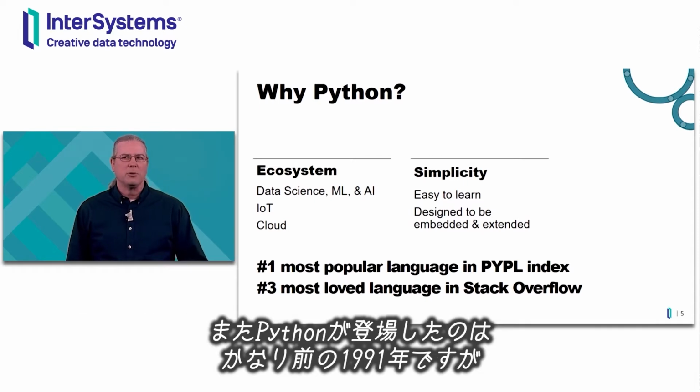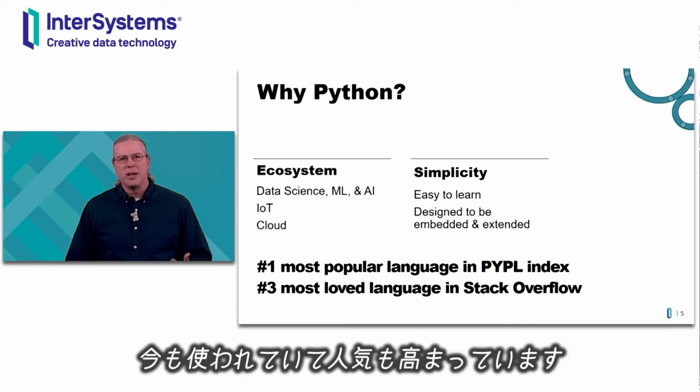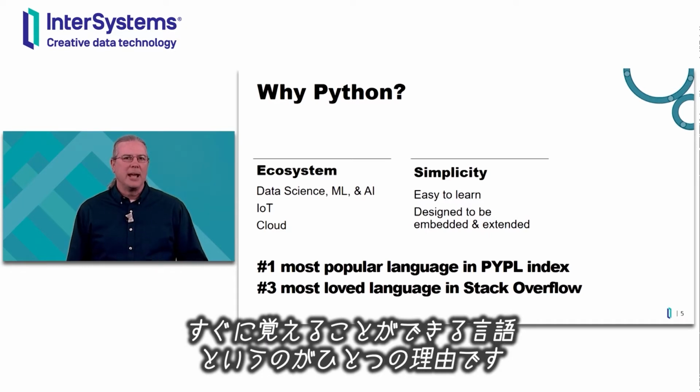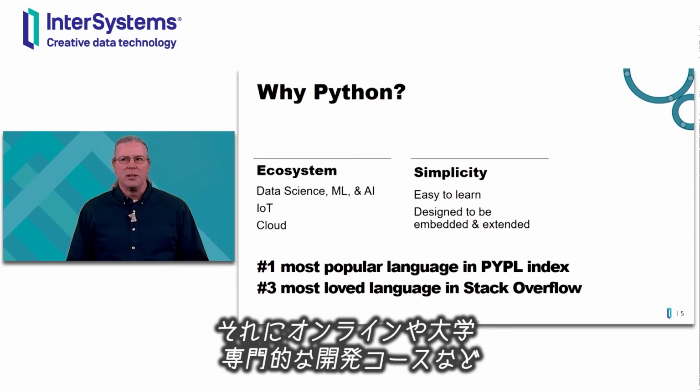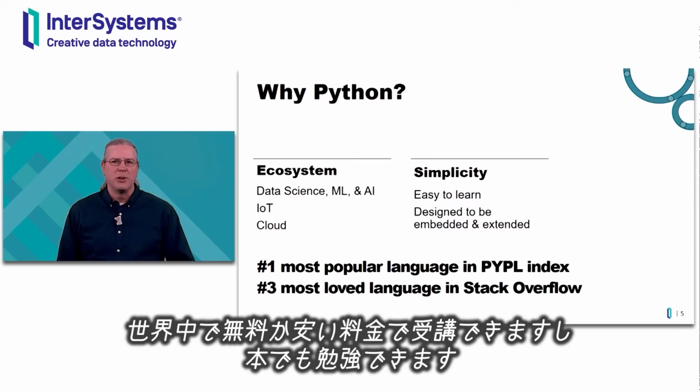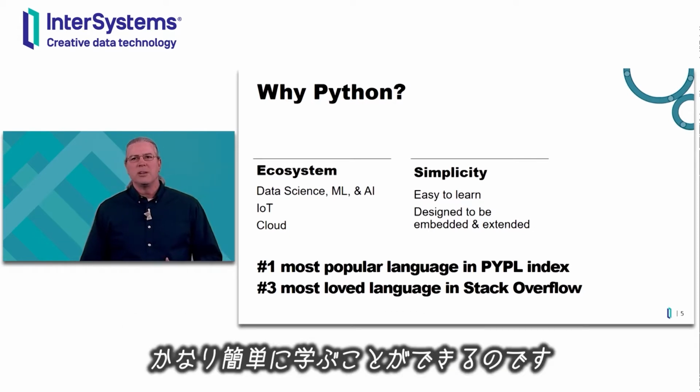Python's also been around for a long time. It's been around since 1991, and it's still in use today. It's growing in popularity, in part because it's a very easy language to learn. Cheap and free classes are available all over the world, online, universities, books, professional development courses. So it's something that people can learn quite easily.